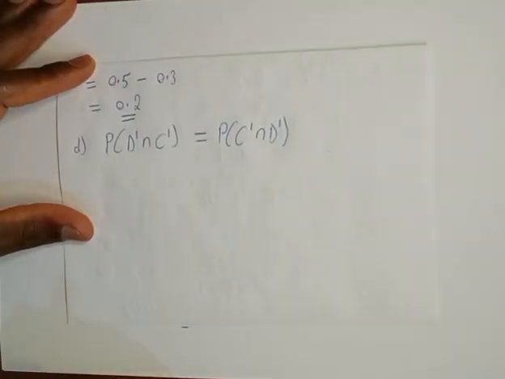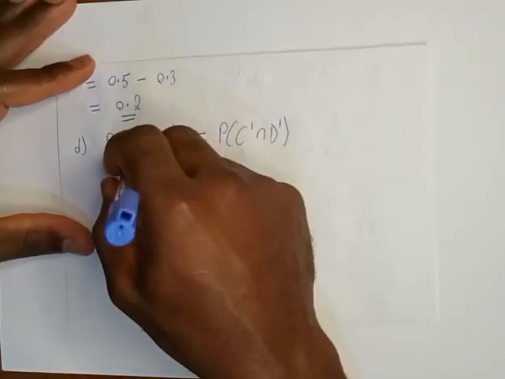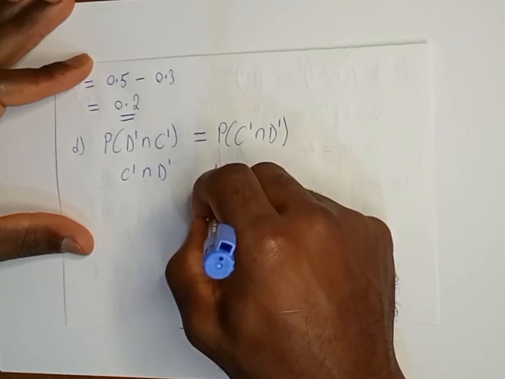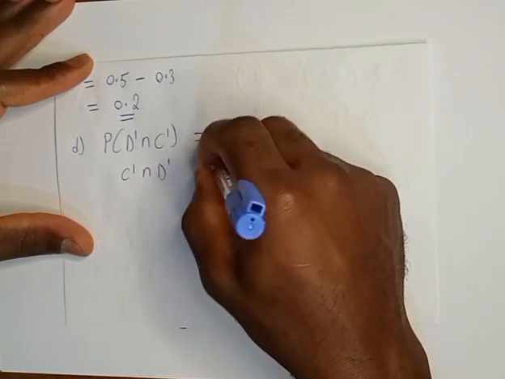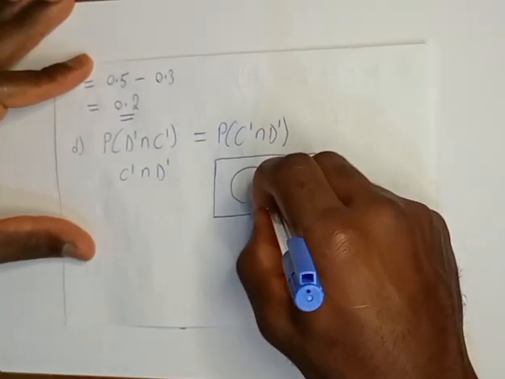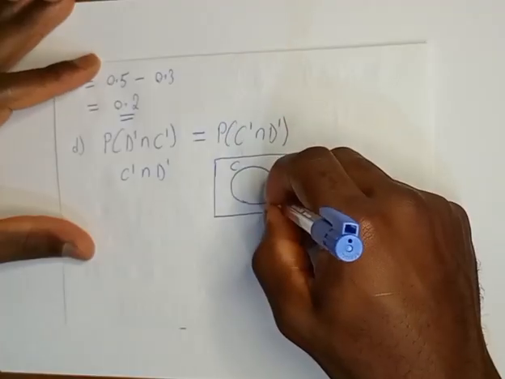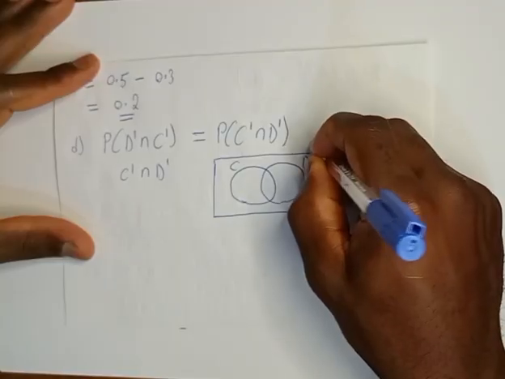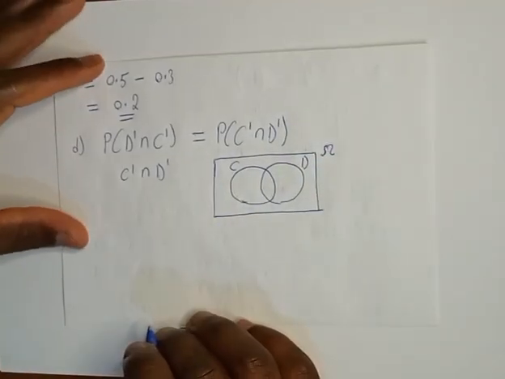Now let's represent it on a Venn diagram. Let's represent C prime intersection D prime. This is C, while this is D. This is a universal set, which is a sample space.